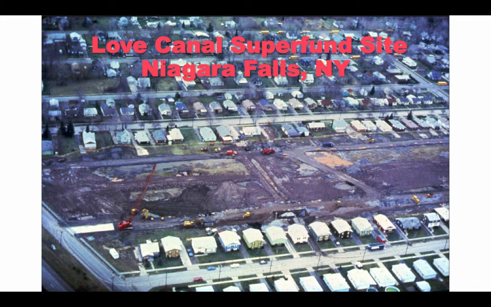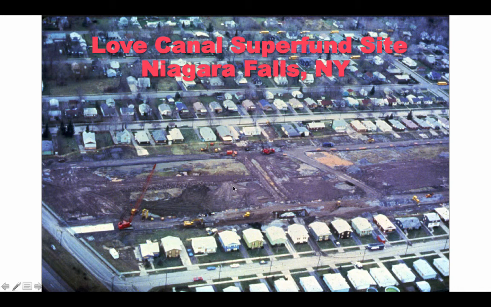Here in this final picture, just to give you some perspective about how damaging these intercalating agents are, this is a picture of the Love Canal Superfund site in Niagara Falls, New York. And I encourage you to look at the wiki link that I gave that details this incident. Basically what happened is that in this area right here, a chemical factory, I believe it was Baker Chemicals, dumped an extraordinary number of drums of dioxin.